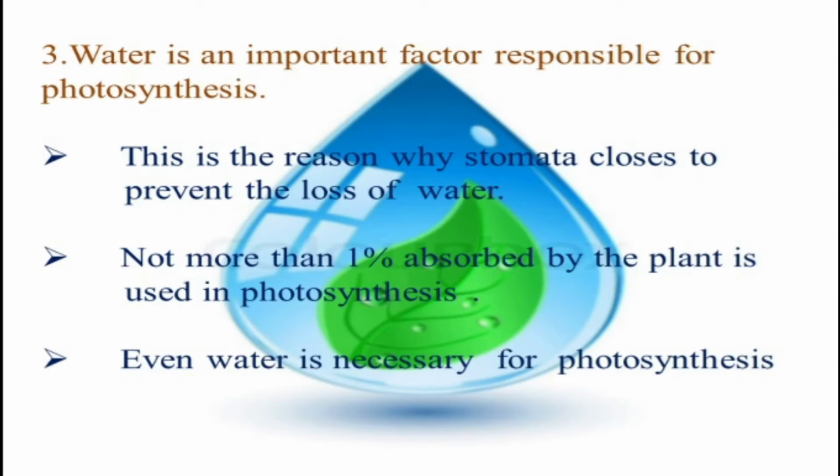The remaining water may stay inside the body or be used in other ways. It is very important, and water is necessary for photosynthesis. Without water, a plant cannot prepare its own food.